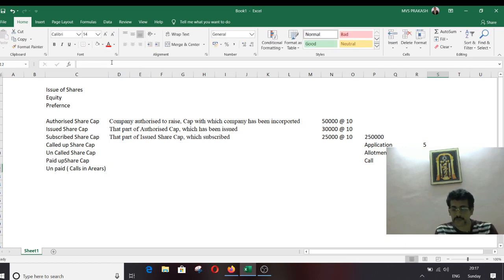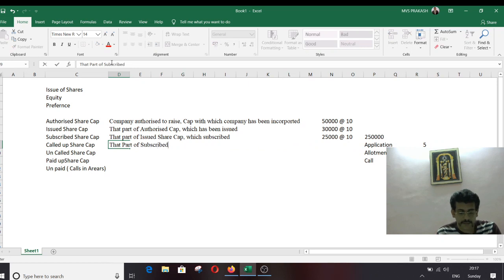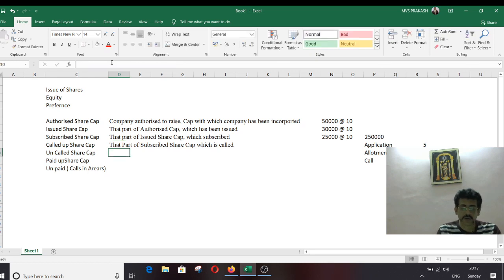So ultimately 2 lakhs is going to be my called up share capital. So ultimately called up share capital is nothing but that part of subscribed share capital which is called.